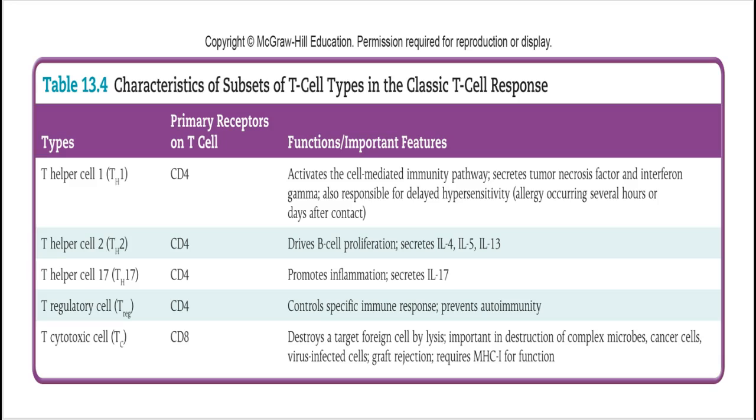So you can see that there are 3 different forms of T helper cells. These are all CD4 cells. And the T helper cells are going to be responsible for assisting in the inflammatory response, proliferating B cells, and activating that cell-mediated pathway.